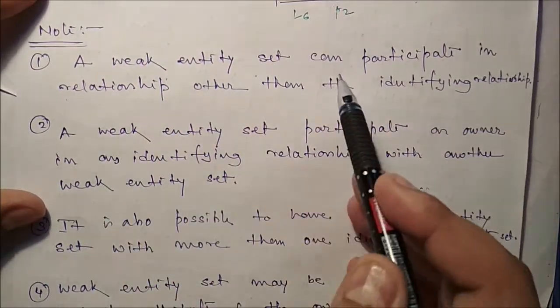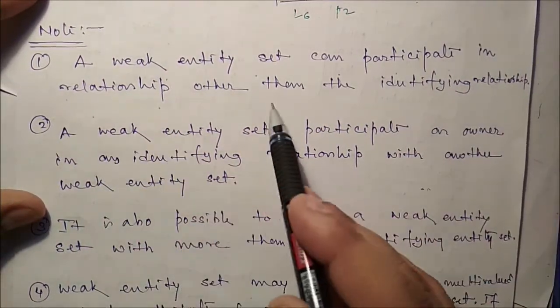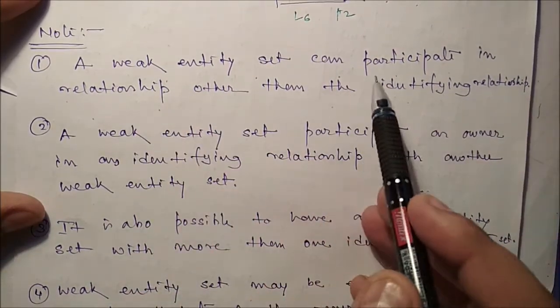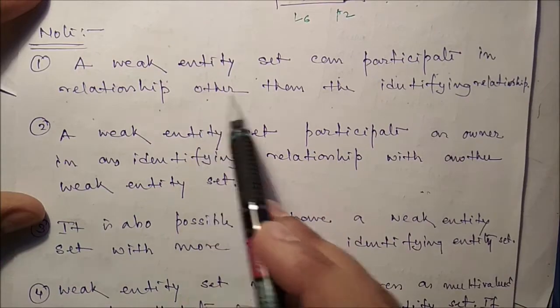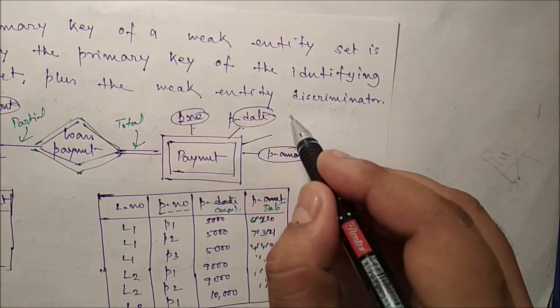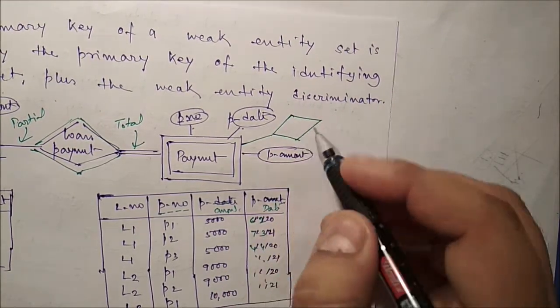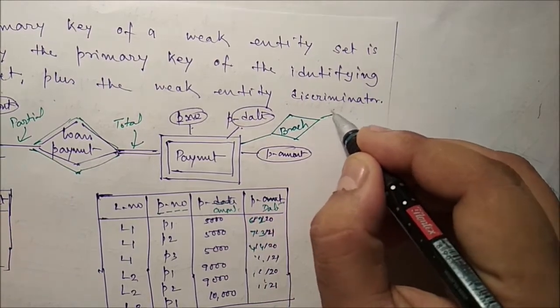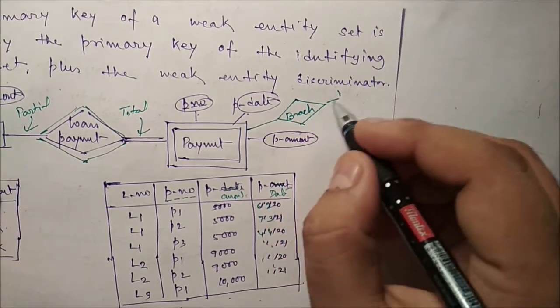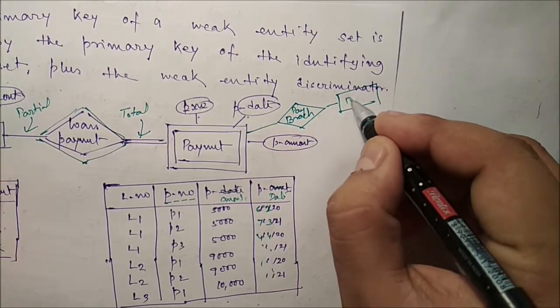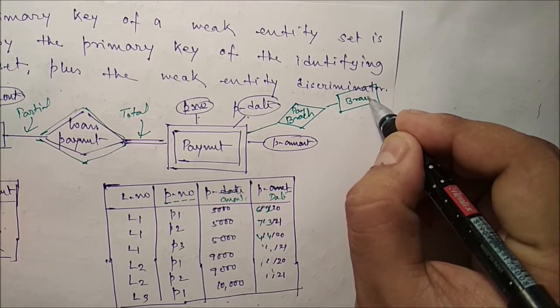A weak entity set can participate in relationship other than the identifying relationship. Now it may be possible that we may have another relationship with, say, the branch, in which branch that particular payment is made, in which particular branch that person is depositing.